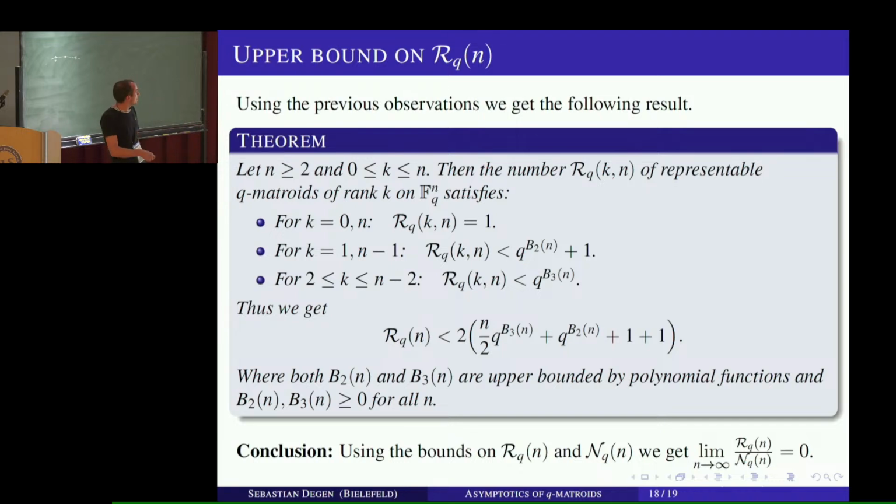Let me just say both of these exponents can be upper bounded by a polynomial function in n, and b_3 is actually already a polynomial function in n. Moreover, both of them are always greater or equal to 0. Now, using these 3 cases, we can get the following expression. And how do we do that?